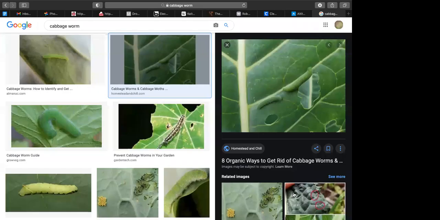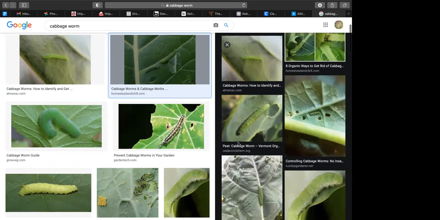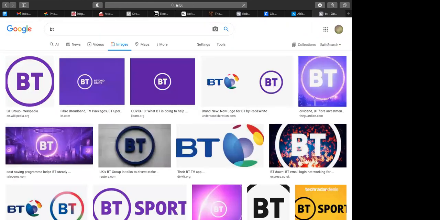There's also an organic pesticide that you can use called BT, which can be used on your plants. Look up BT pesticide. It's really short for Bacillus something, but BT is the short name.